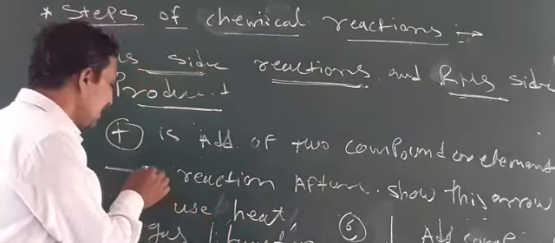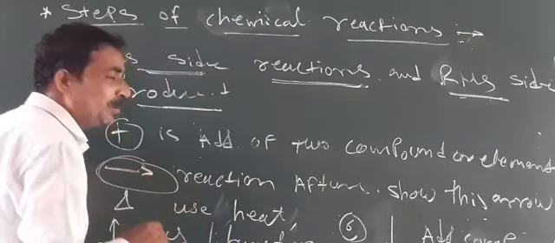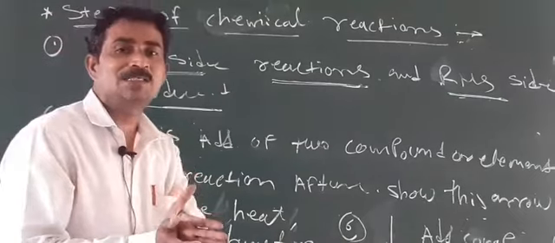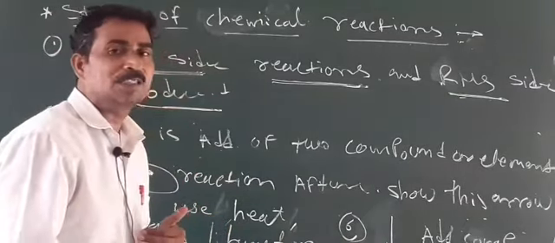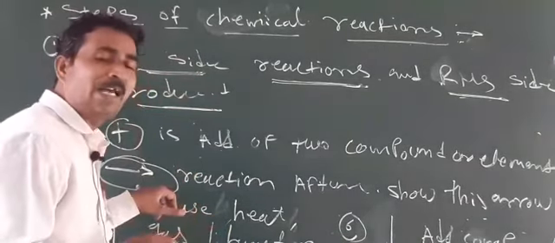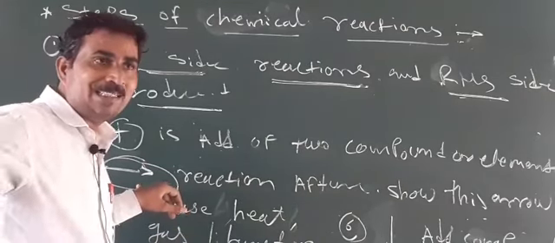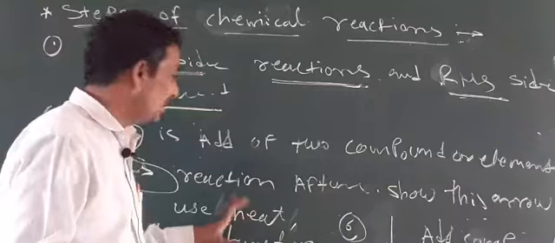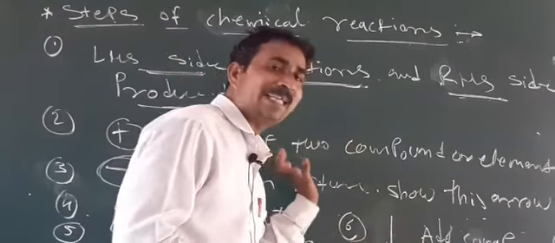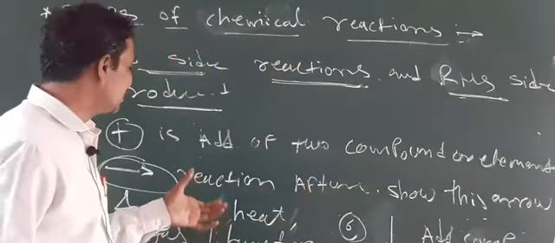Next, this arrow shows that after the reactants are completed, the product is produced. This arrow is the third step.